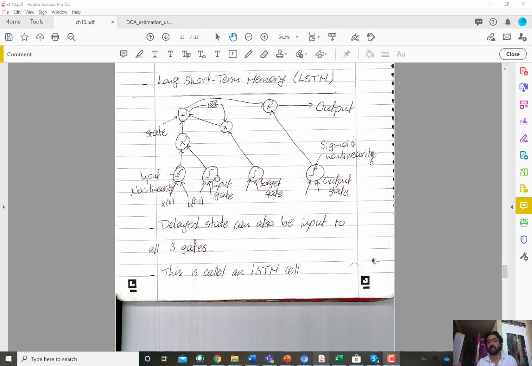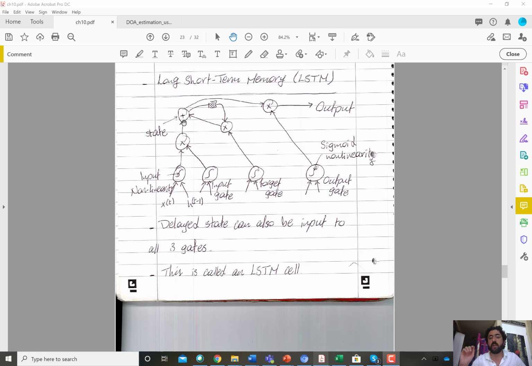The input gate itself can have as input the current input x of t, as well as the previous state, because the previous state summarizes, or is a reservoir of information about, the inputs x of 1 up to x of t minus 1. So we use all that to control by how much we are opening the gate.